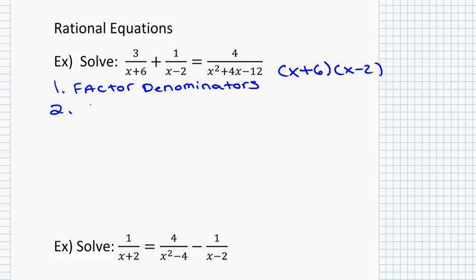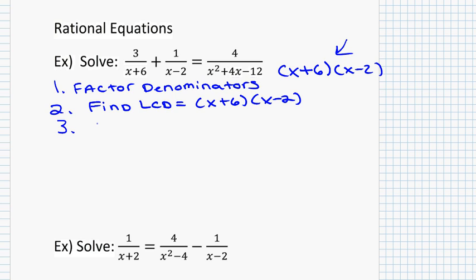So that means the next thing you want to do is figure out what would be the lowest common denominator. Well, if you have x plus 6 and then x minus 2, and that's what you have on this side over here, then basically that's your lowest common denominator.